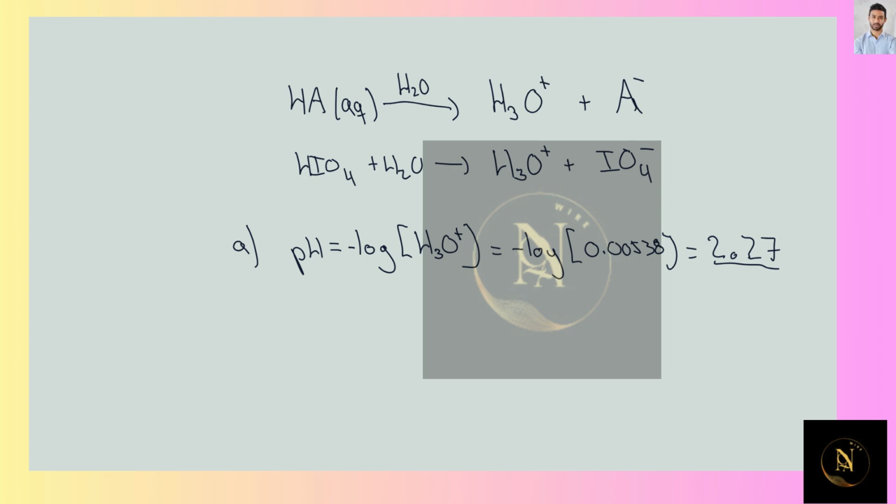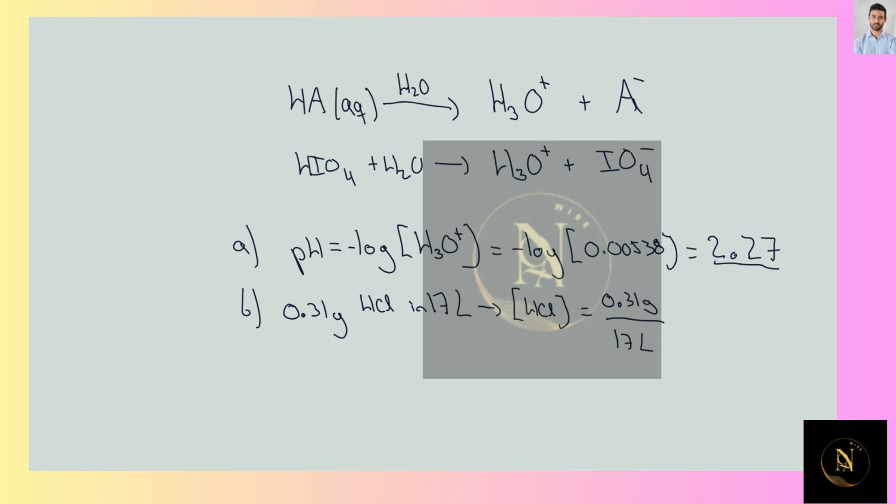For B, the procedure is quite similar. We need to find the concentration. In B, we are starting with 0.31 grams of HCl in 17 liters. The concentration of HCl is equal to 0.31 grams divided by 17 liters, and we need to convert these grams of HCl into moles of HCl.